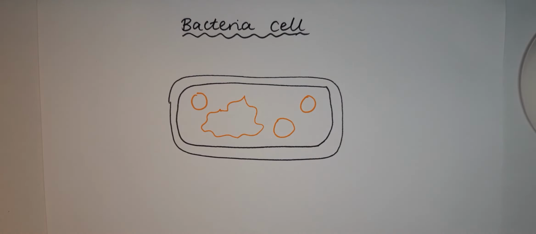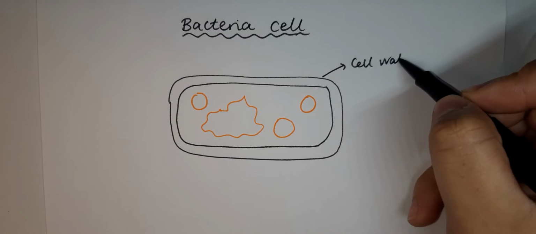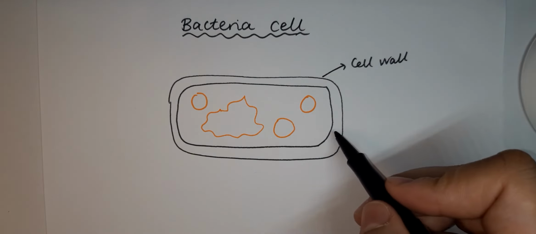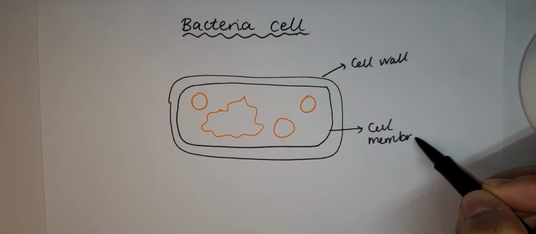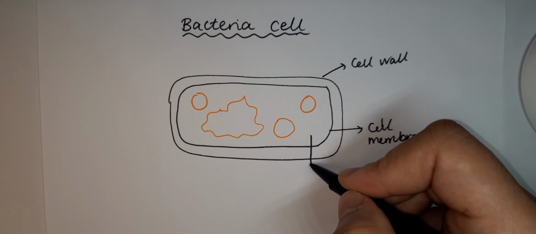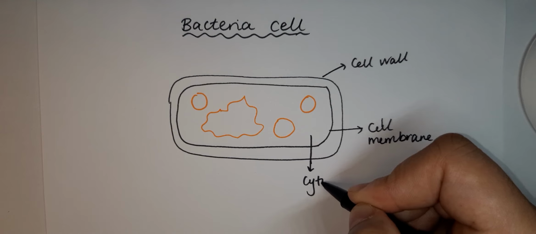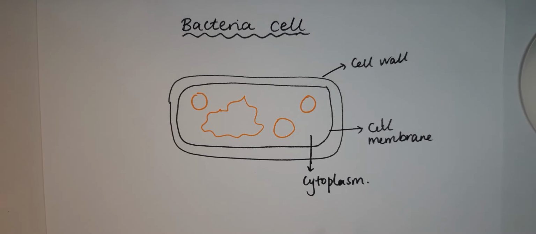So here is a bacterial cell, and we can see that, so if here's a cell wall, yeah, here's a cell membrane, and we've also got cytoplasm in here. And what we need to think about is these parts inside.